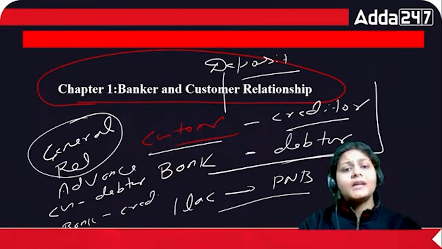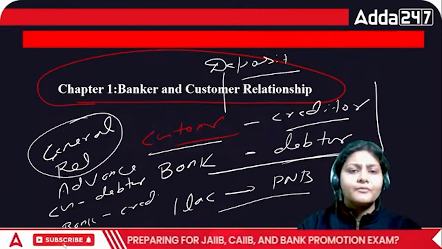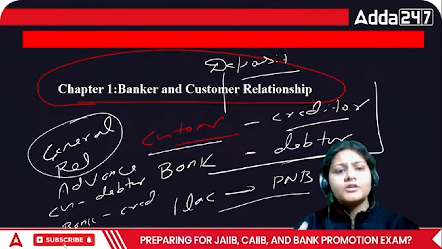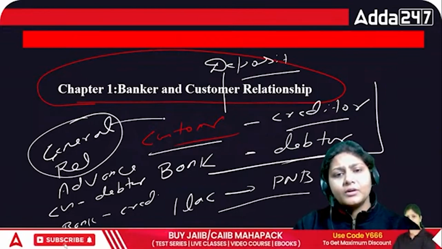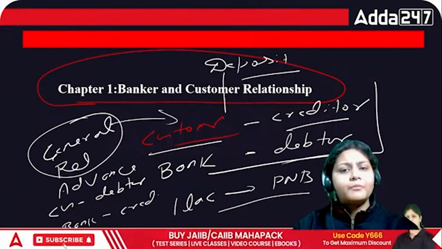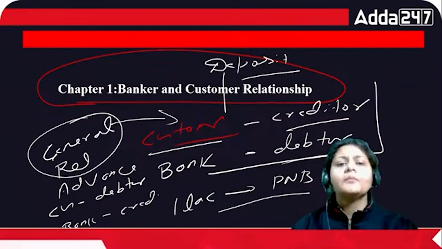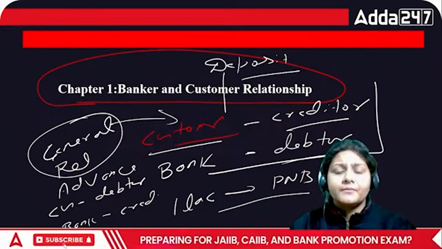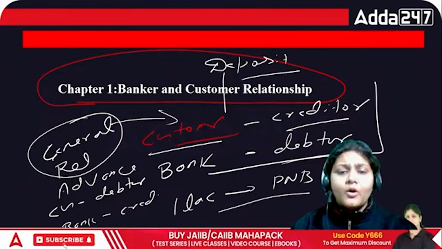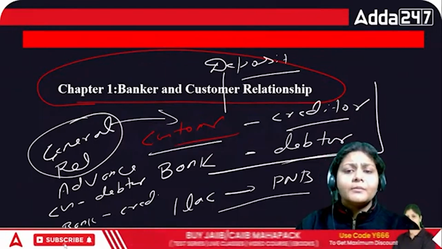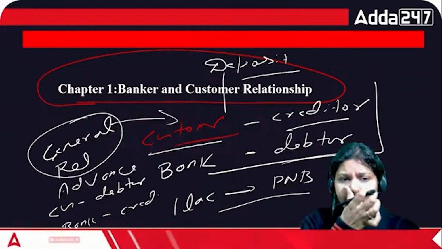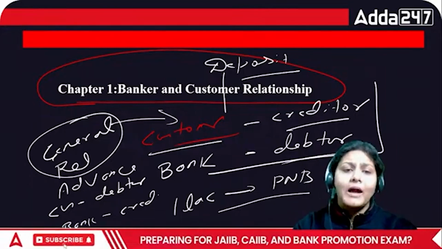So these are the two famous relationships, the general relationship being this one. When I deposit my money in the bank, I am the creditor because I am the depositor, but the bank is the debtor. Whenever I want this 1 lakh, I can ask the bank and the bank has to pay me back.